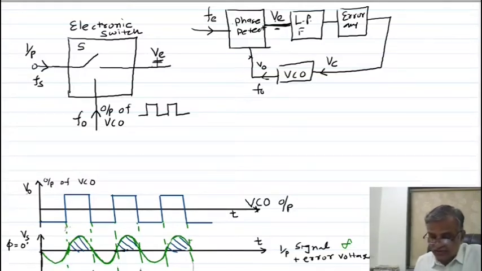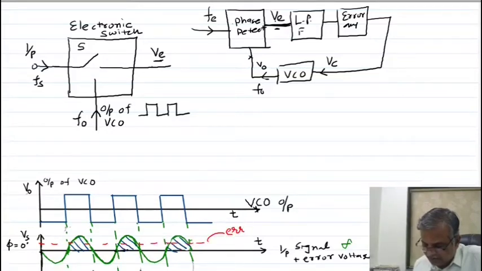The average voltage, which is called the error voltage, during this half is given like this. This is the average voltage, or error voltage, which is the output of the phase detector.